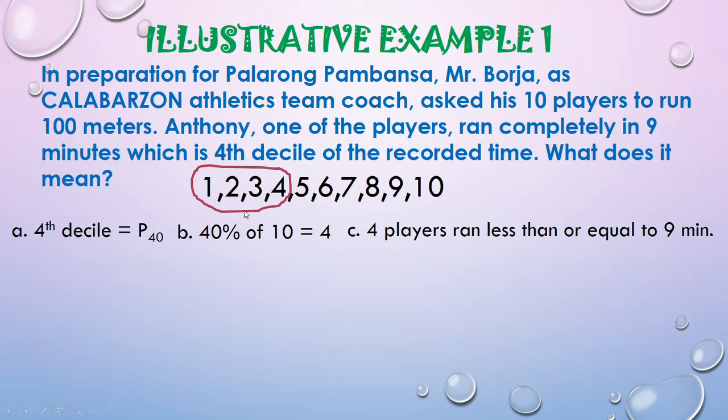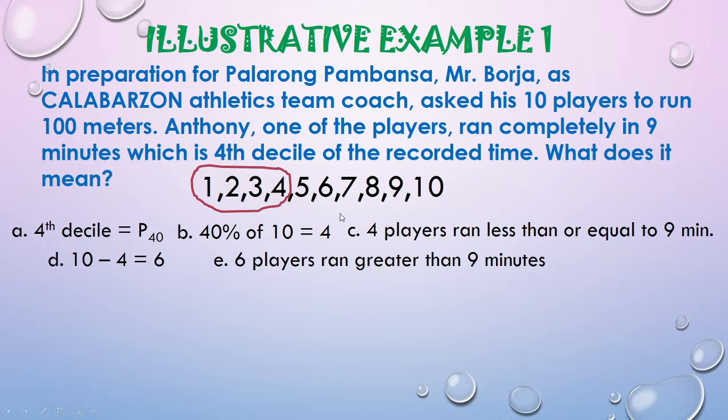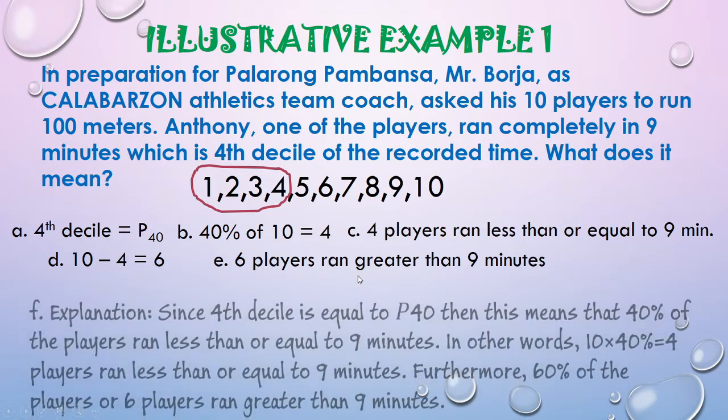So, ito yung apat na players na nag-run less than or equal to 9 minutes. So, ito naman yung nag-run more than 9 minutes. Kasi diba, 10 yung players. Eh, apat yung nag-run less than or equal to 9 minutes. So, ibig sabihin yan, 6 yung players that run greater than 9 minutes. So, ano ibig sabihin yan?